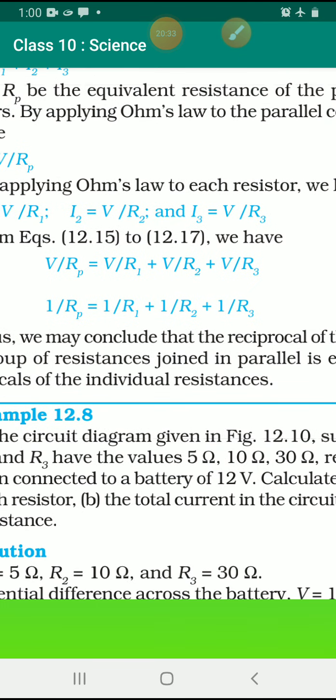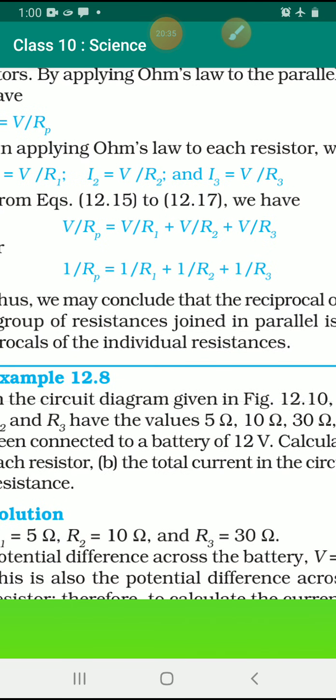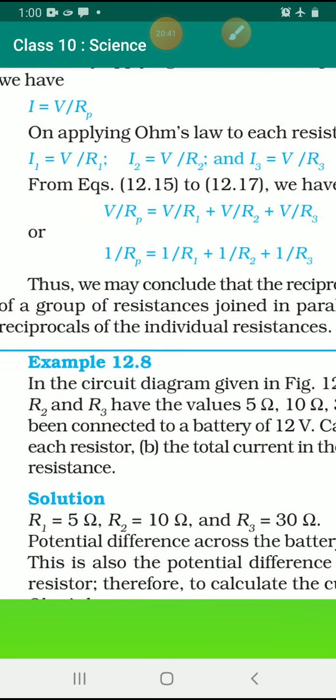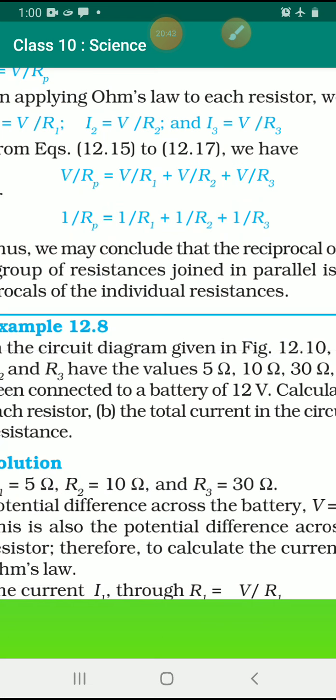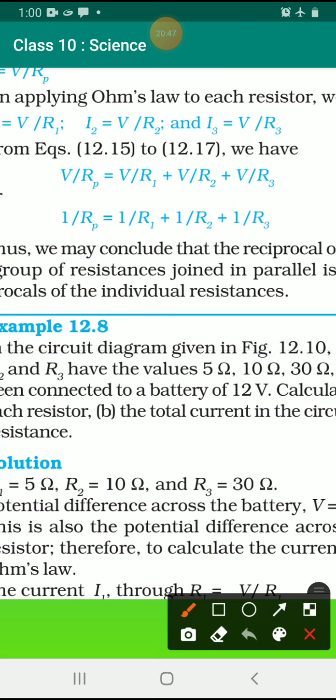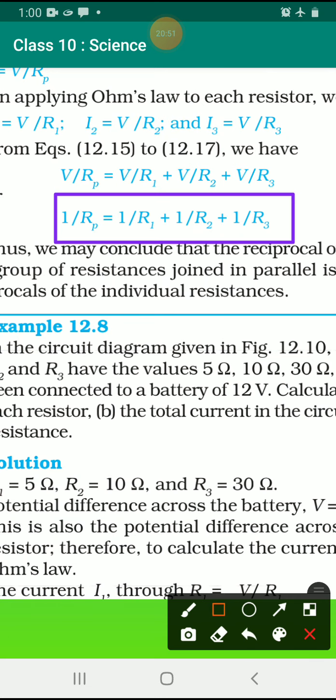Instead of V by R, if you take 1 by R, you can write 1 by Rp is equal to 1 by R1 plus 1 by R2 plus 1 by R3.